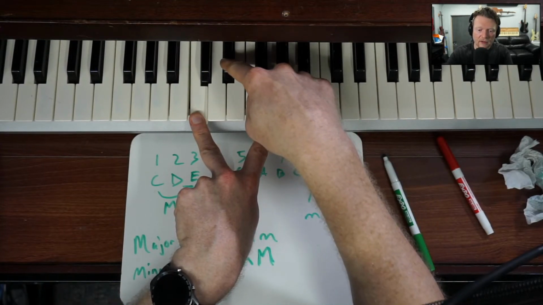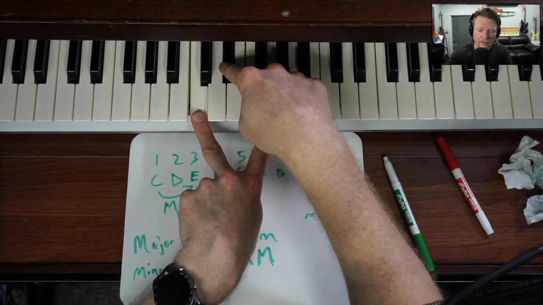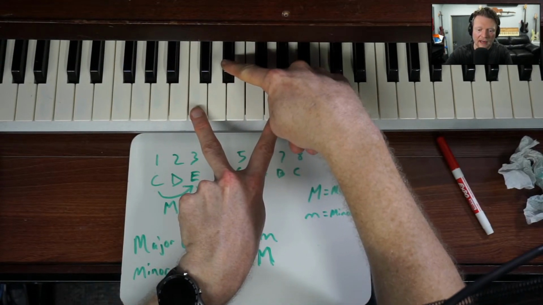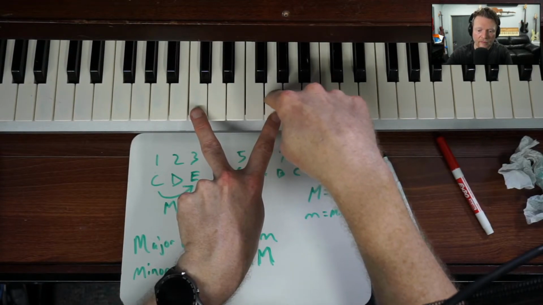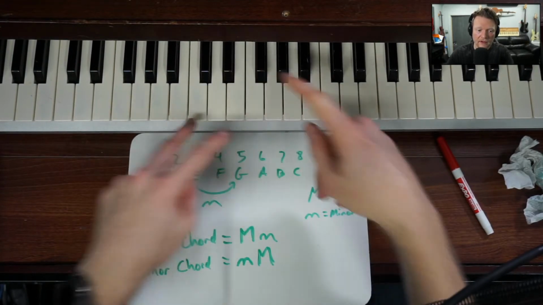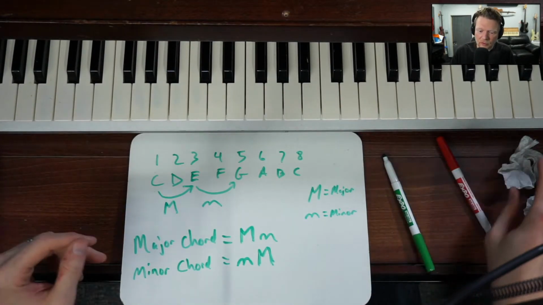But if I lower this down to a minor third, because I lowered it down, it raised this interval. So when you realize it's just the third that's lowering, it makes a lot of sense. If you have all of your major chords down pretty easy, and then you're playing and think, I don't know what the minor is in this, flat the third. That's all it is. All right, so let's give a couple more examples of that.